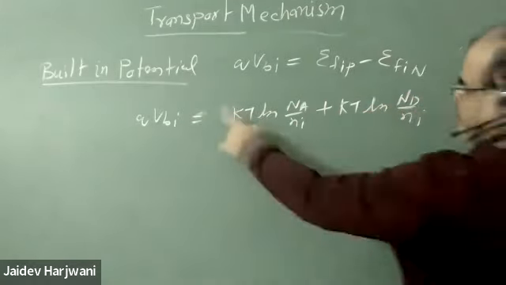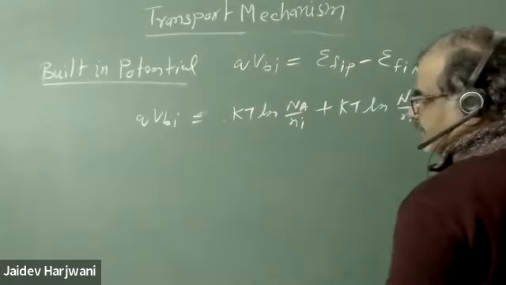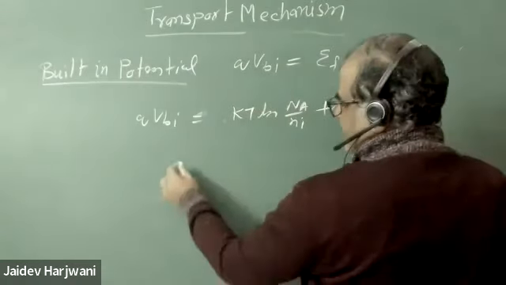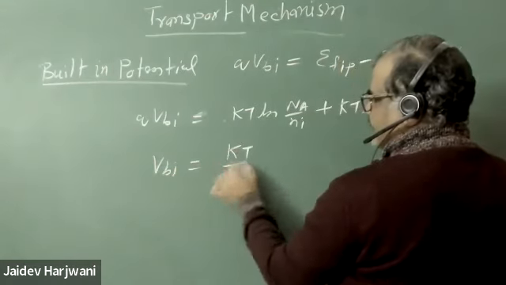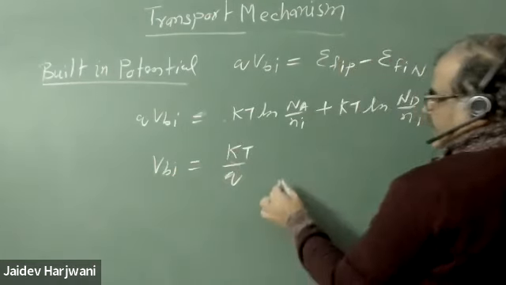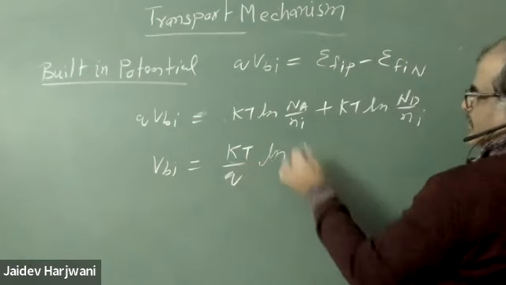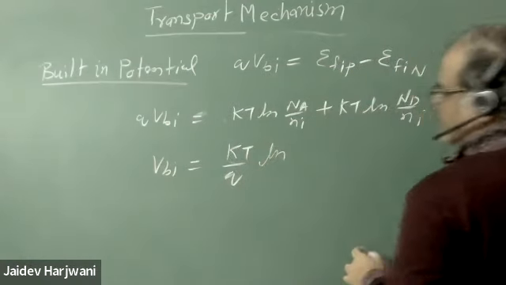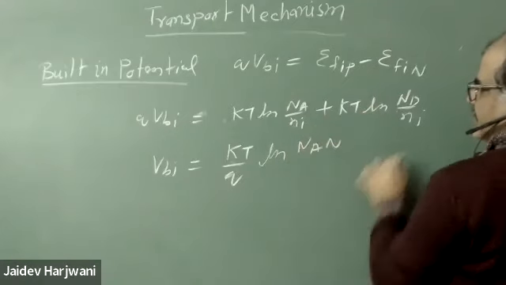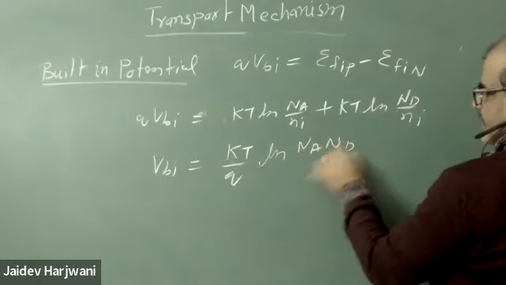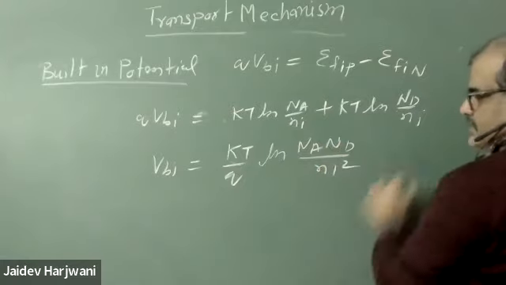EFi and EFi will cancel because both are the same. So now I can write my VBI is equal to KT upon Q. And if I add this ln, ln A plus ln B is ln AB, so ln Na Nd upon Ni square.